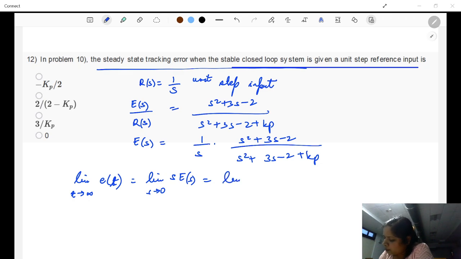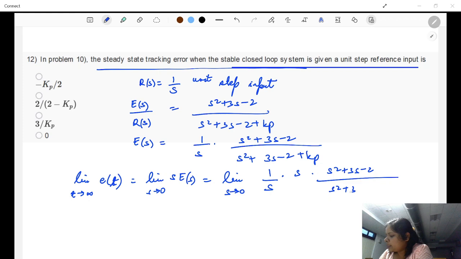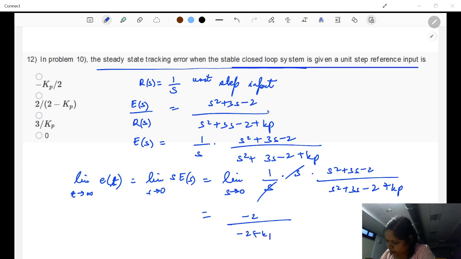So you can apply this here: limit s tends to 0, 1 upon s into s into s square plus 3s minus 2 upon s square plus 3s minus 2 plus Kp. This s cancels out and what you get is minus 2 upon minus 2 plus Kp. So 2 upon 2 minus Kp. So this is your answer for question number 12, right? I hope this is clear.